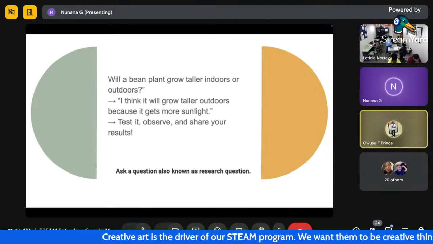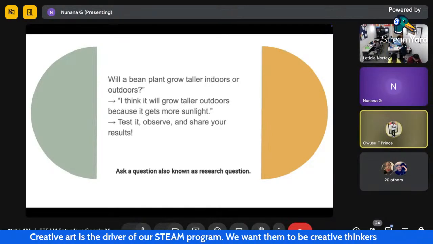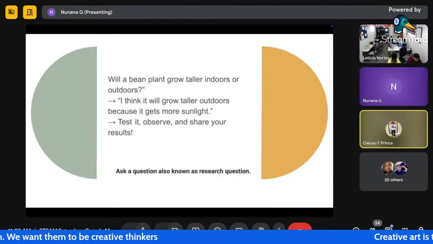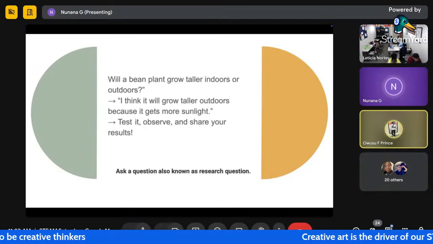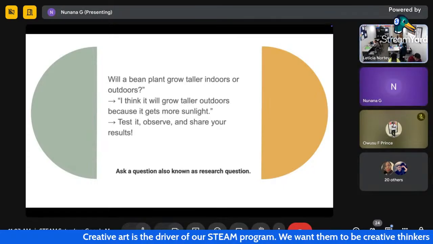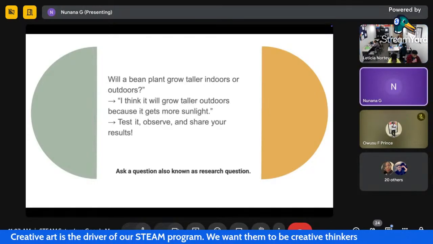It cut off a little. Yes, I said because they need sun before they can prepare their food. So without the sun, they cannot grow well. Perfect. Okay. So you guys form a hypothesis right there. You guys form a prediction.